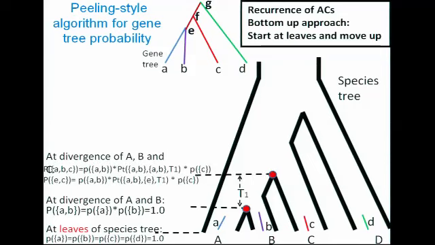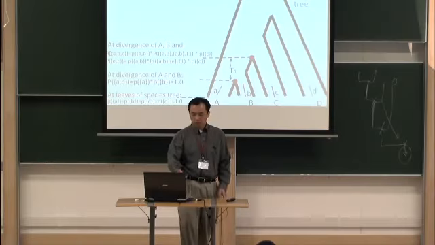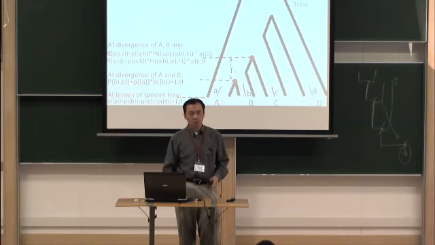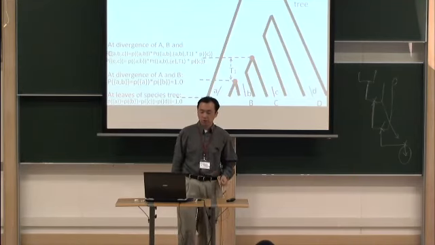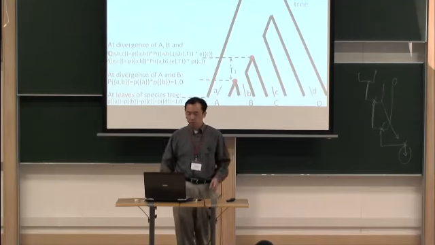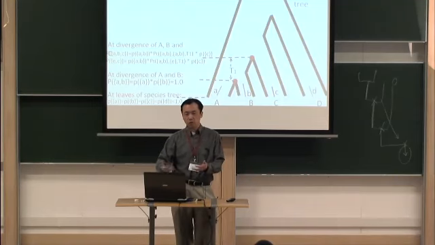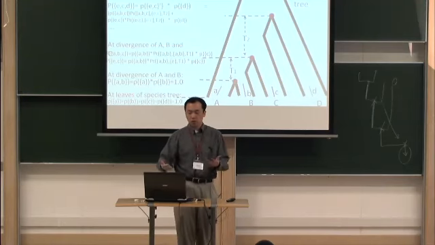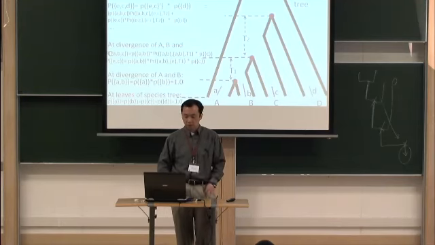And at the divergence, the probability comes from whatever ancestral configurations are on its descendant branches, and using recursion allows us to compute these terms. And same thing at the root: we need to multiply the probability of EC times the probability of D.